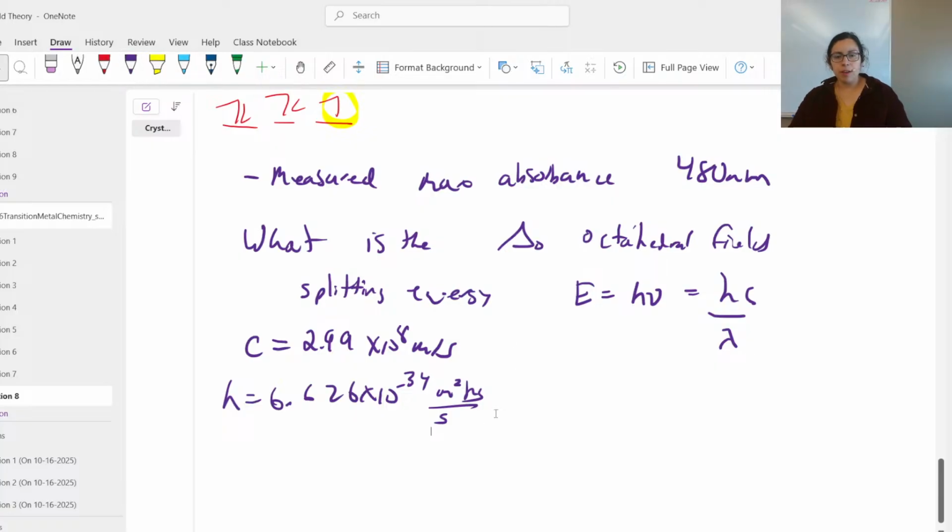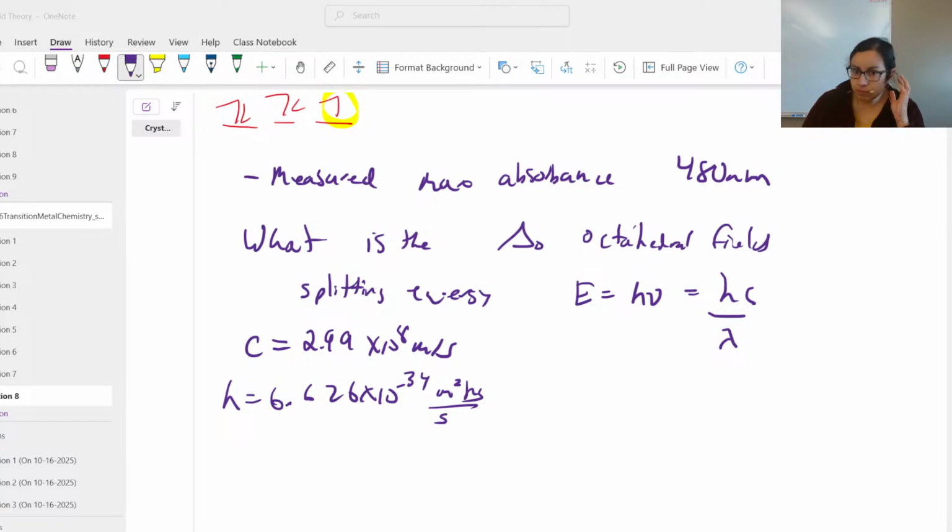So see if you can plug it in, and then looking at your units of Planck's constant, you should get energy in joules. I believe that's the units for Planck's constant.